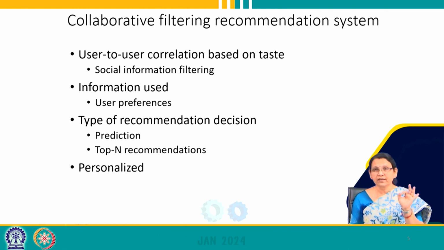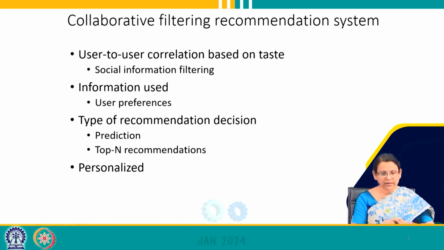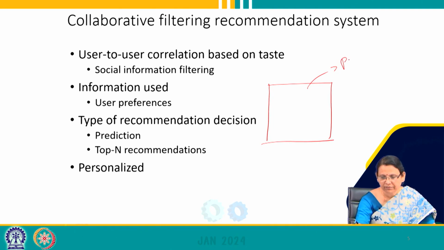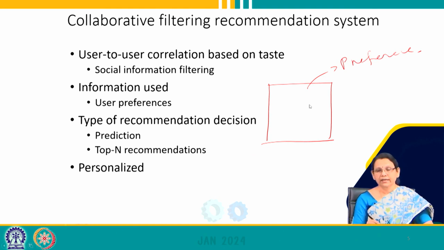One is user feature, second is item feature, and the third is the matrix which connects users with items. Here in this case, this is the preference matrix. This preference matrix is solely used for providing recommendation.